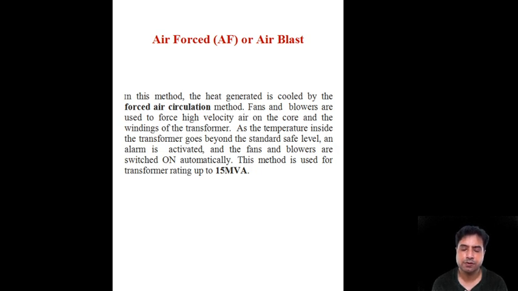Fans and blowers continuously blow the cooling air towards the core of the transformer. They cool the transformer core and windings, and as a result the temperature is maintained within safe working limits. Typically this type of cooling may be employed for transformers rated up to 15 MVA.